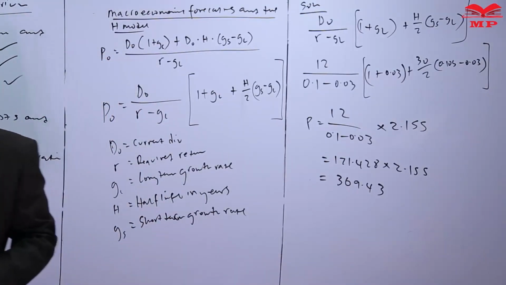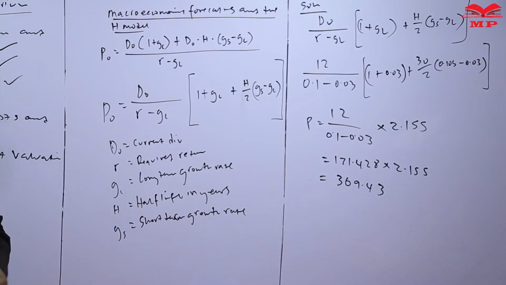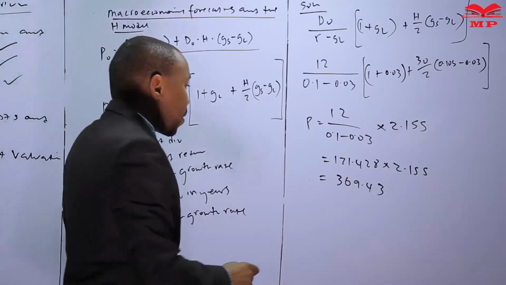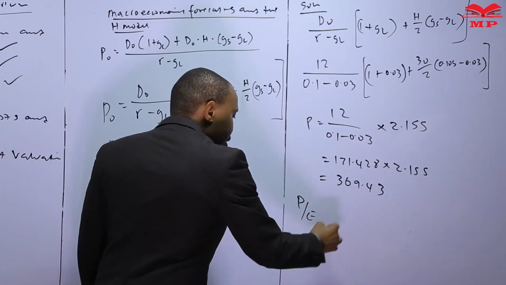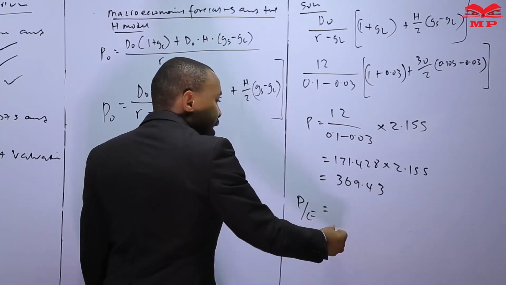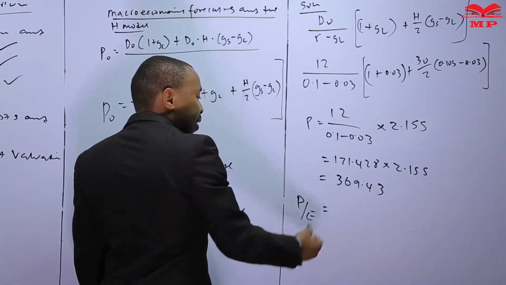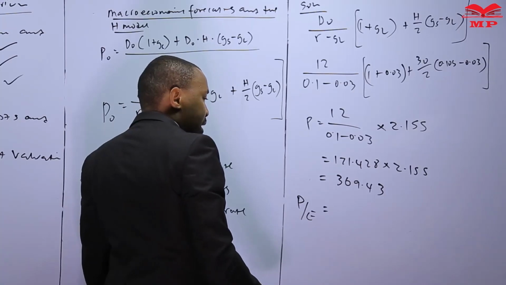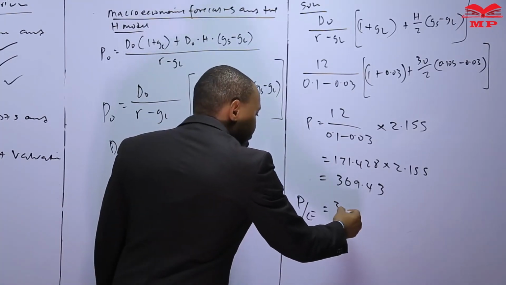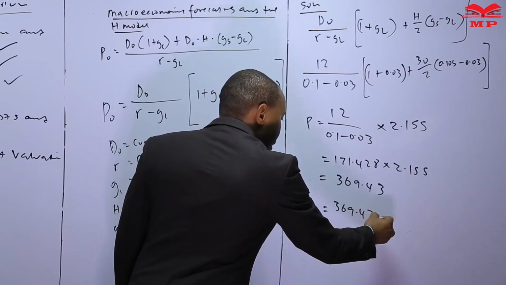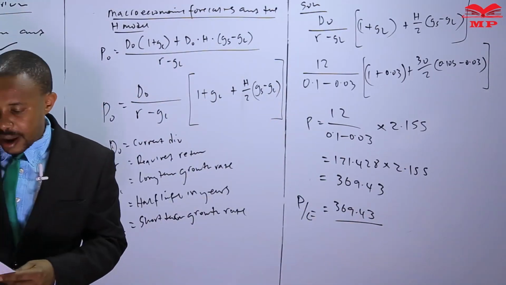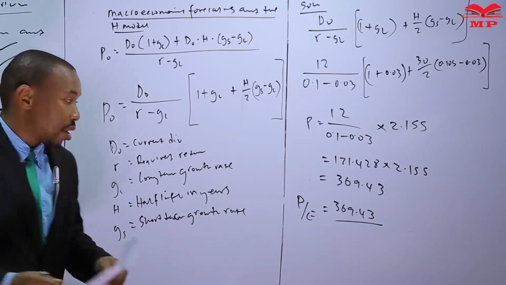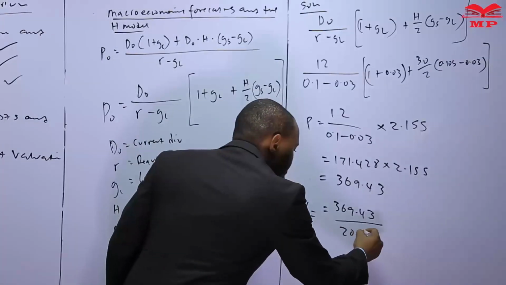Now, we have also been requested to compute the PE ratio. The P/E ratio of the index will be the market price per share divided by the earnings given to us. So it's 369.43 divided by the earnings. The earnings we have been given from the question is 20.3.